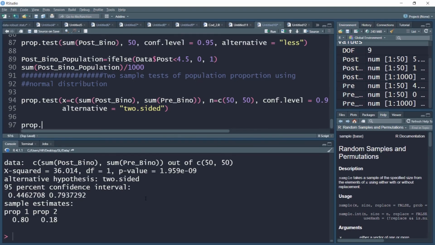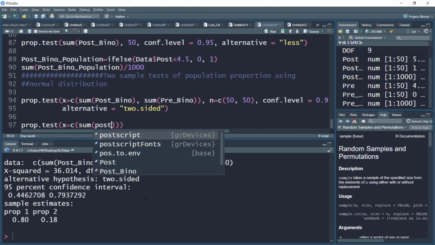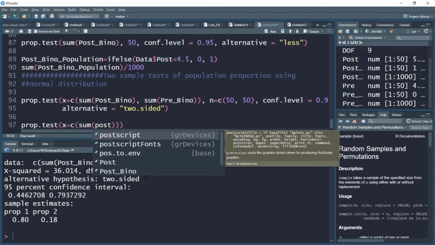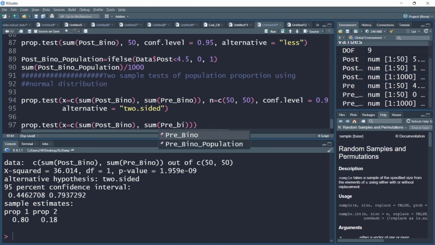So we can conduct them very easily using the same function again. Again, we'll use a similar set of commands, the sum of post bino, and we can provide the sum for pre bino. Then we can also supply the sample size as 50-50 for both the samples.